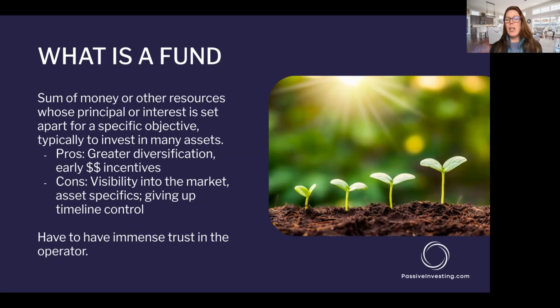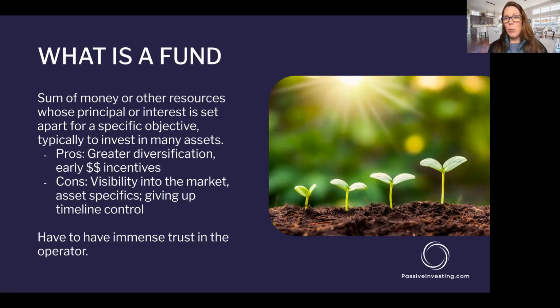So essentially, when you invest in a fund, you're not investing quite yet in the asset. You're investing in the operator's thesis of what the asset or assets are going to be in that fund. And you're preceding the fund, you're getting the operator money, and then they're now going to execute on the business plan and go buy the assets.